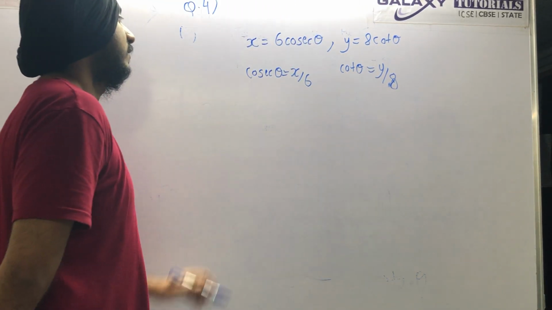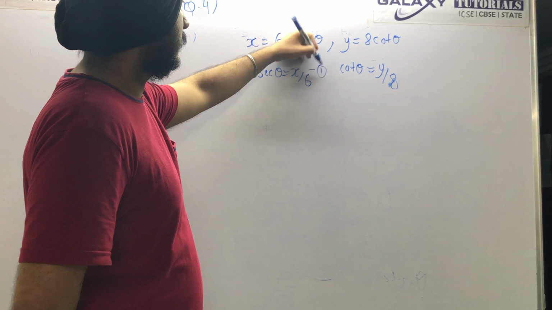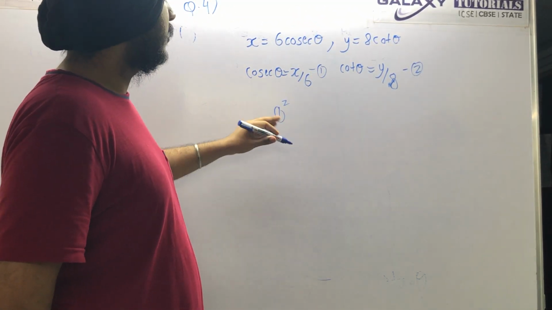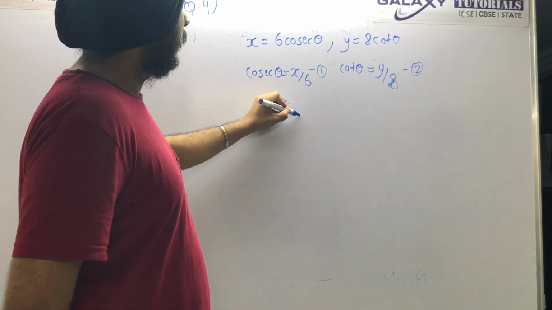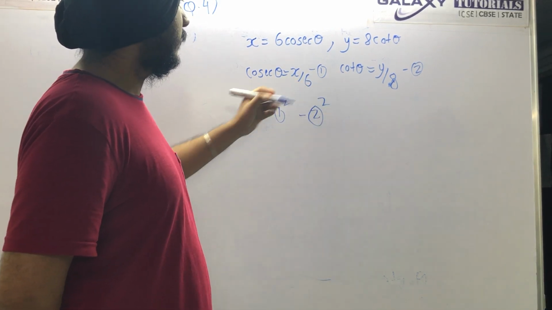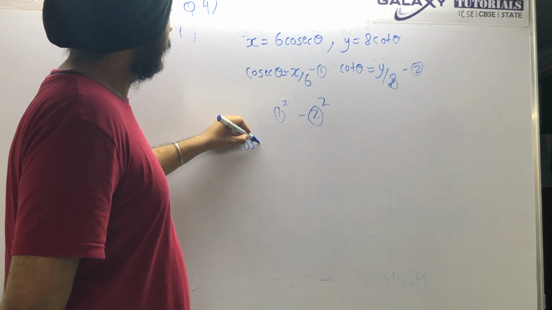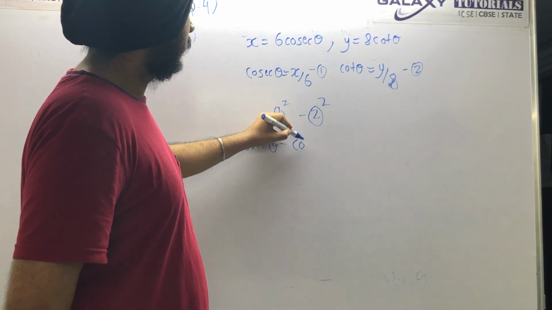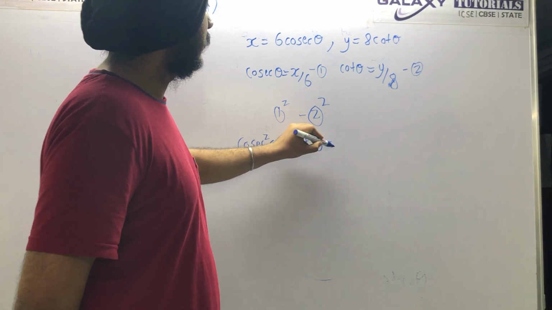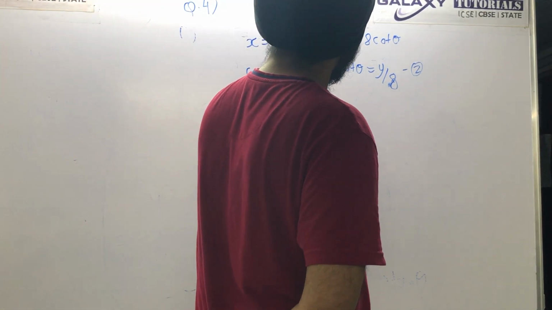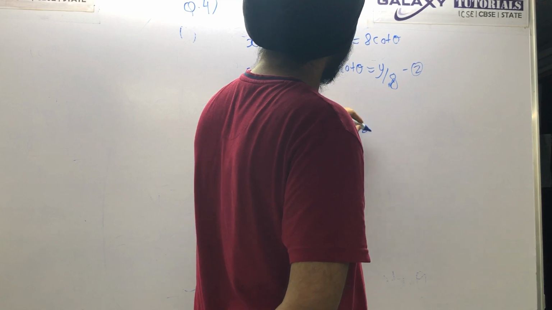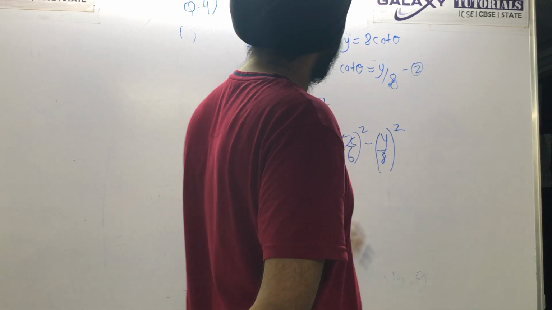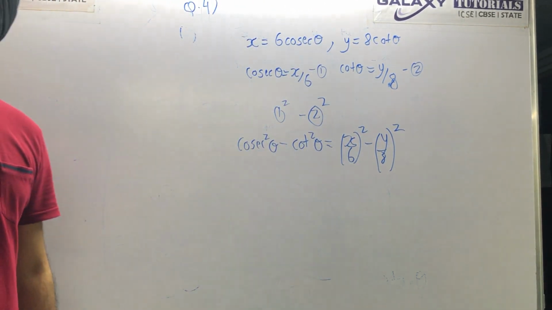Okay, now call this one equation 2. So squaring equation 1 and minus squaring equation 2. So what will happen? Cosec square theta minus cot square theta is 1.